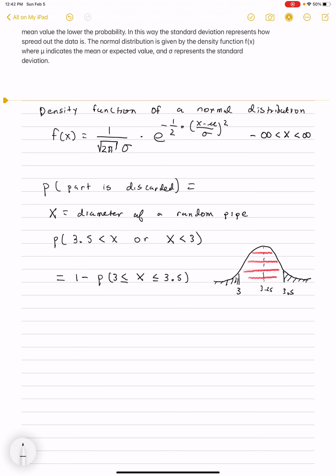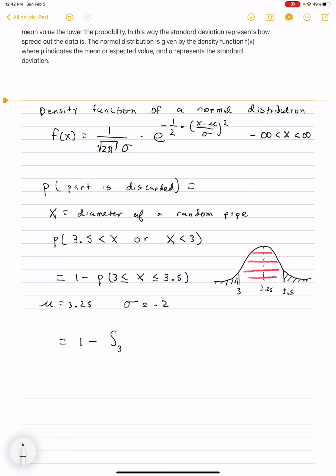Now, we know that mu is equal to 3.25. That's what we've been told in this problem. And we know that the standard deviation is 0.2 inches. So you might do this.